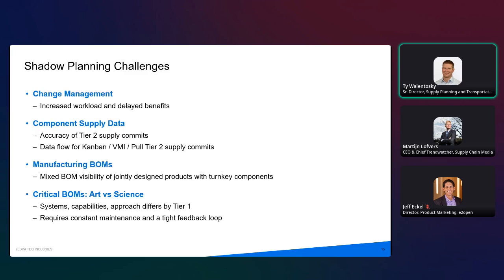For every component, our tier one suppliers are sharing the demand, the supply, the purchase orders, but they're also sharing the lead time that they have set up in their ERP or MRP systems for each of the components. So we're getting that data into the shadow plan, which is great.